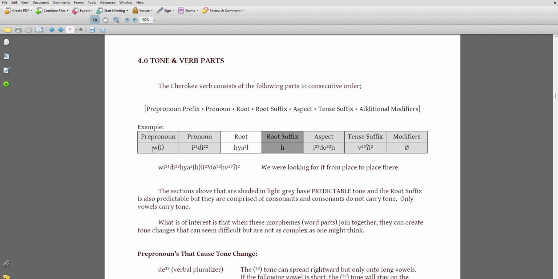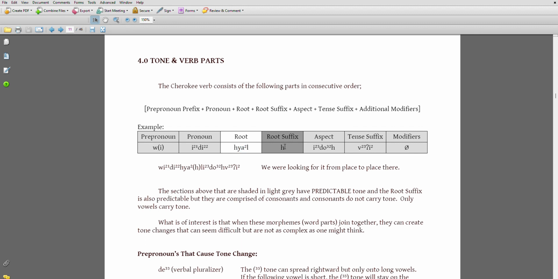So the first area, we have the pre-pronoun prefix we, which means there, like over there. Ed is the pronoun meaning we. Hjal, that means to look for in the completive stem, because we're using an aspect or a conditional suffix which requires the completive stem of the root.